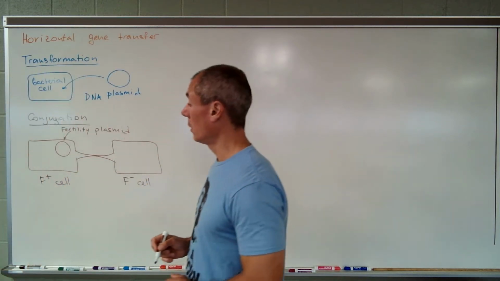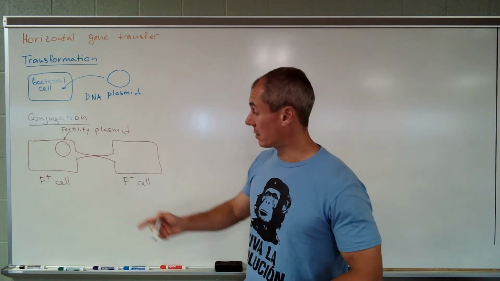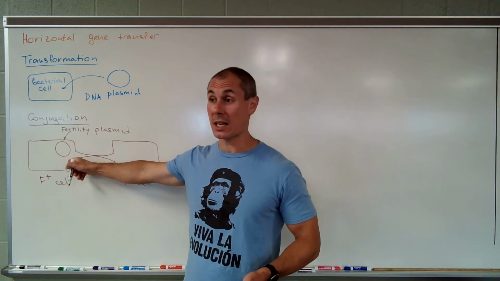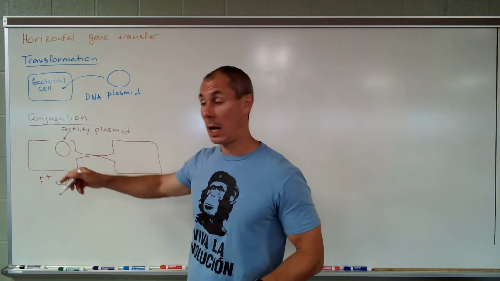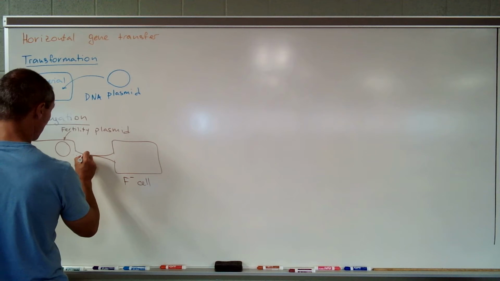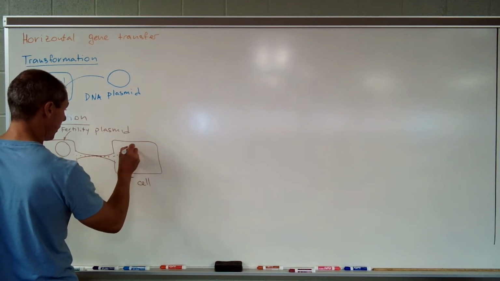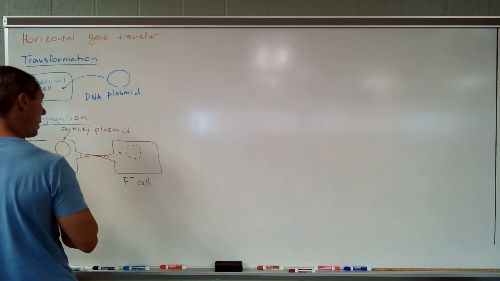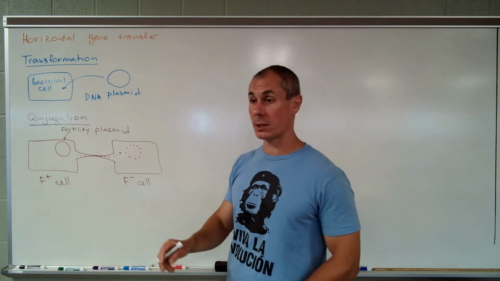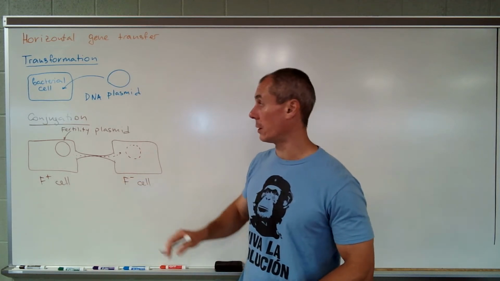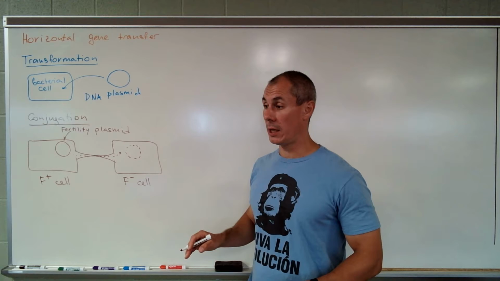Okay. Now, what happens next? The plasmid, look, the plasmid gets copied, and the whole thing, I'm going to put a dashed line to illustrate the whole thing. The copy of the fertility plasmid gets transferred from the F plus to the F minus cell. What do you have in the end?